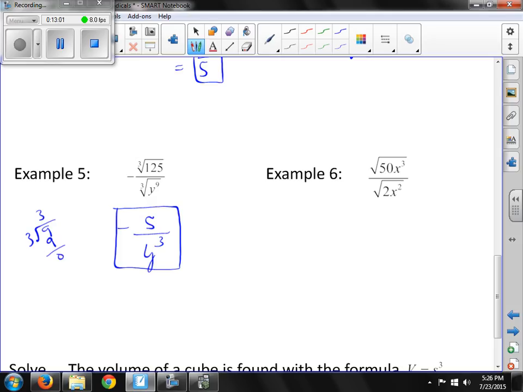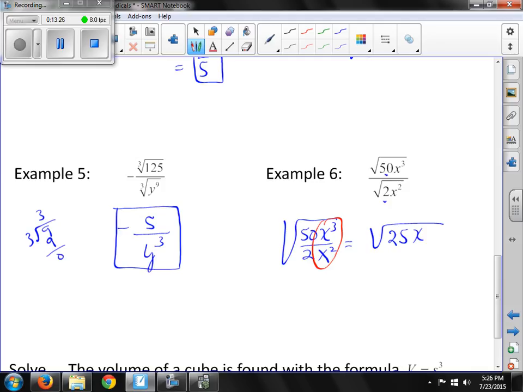Now this one, let's see, 50 divides by 2. I'm going to put this back together and it'll be real easy. 50x cubed over 2x squared would give me the square root of 50 divided by 2 is 25, and x cubed divided by x squared, when we subtract the exponents, we'll just have x.